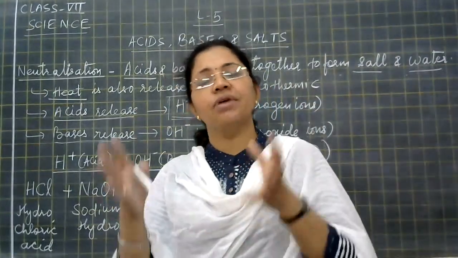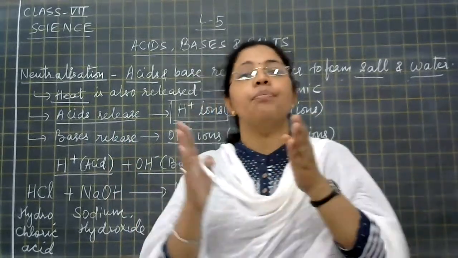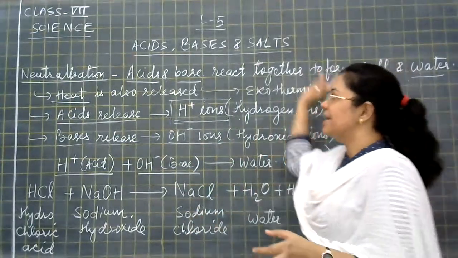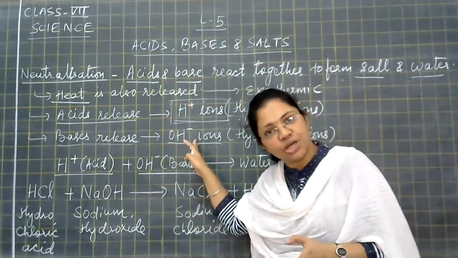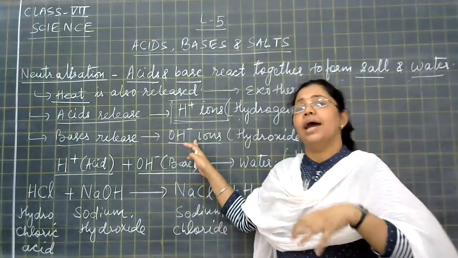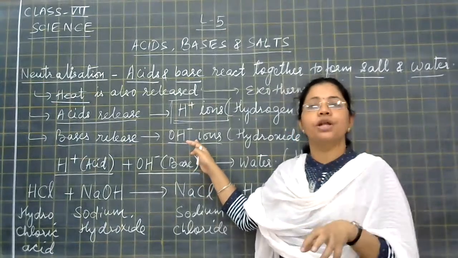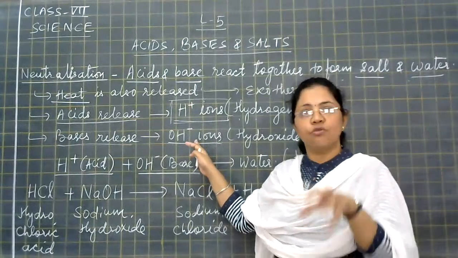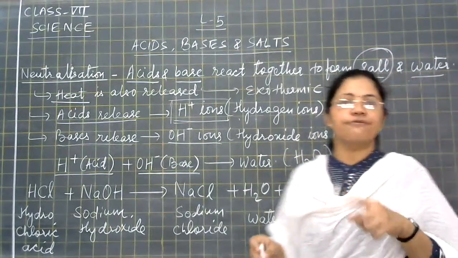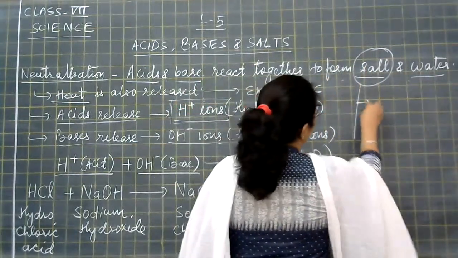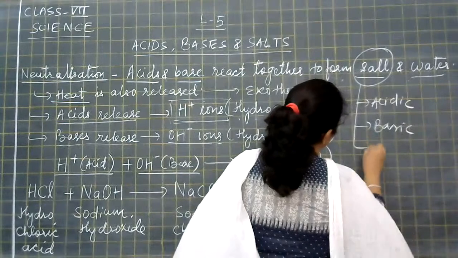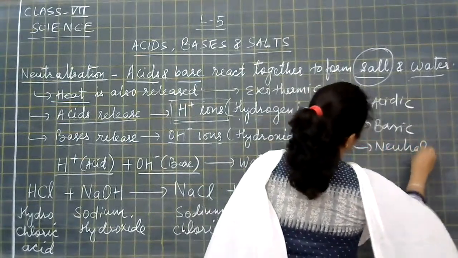So in the exam, generally we get a question from this topic: explain the process of neutralization with the help of an example. So in the explanation, you have to write down the definition, and you have to write down an example also, right? And as I told you in the last class, during this process of neutralization, the salt which is formed can be acidic, it can be basic, and it can be neutral.